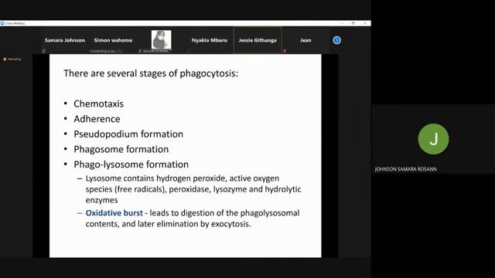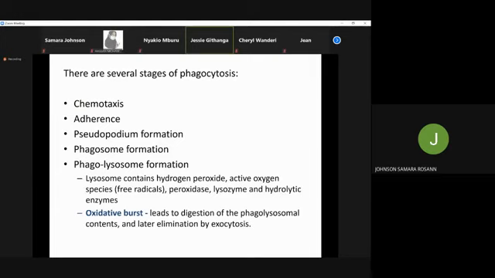Yes. So they will form pseudopodia and a phagosome. A phagosome is a structure within the cell which will contain the material. I'll show you that in a diagram. And then the lysosomes from the cell will now join in with the phagosome.